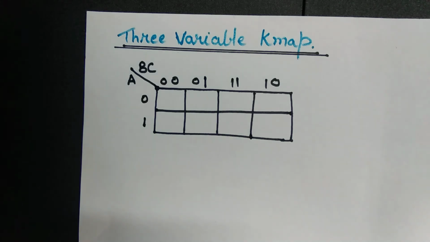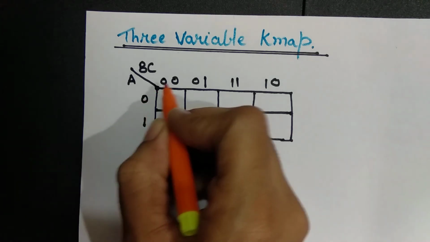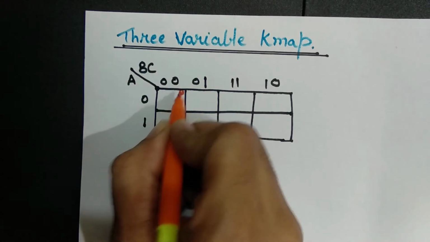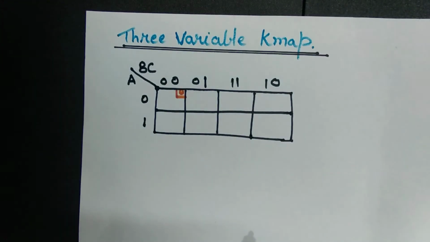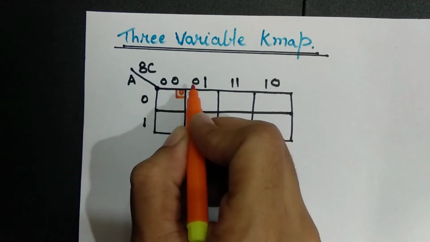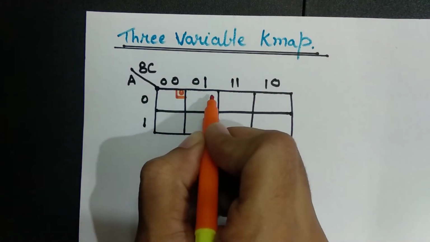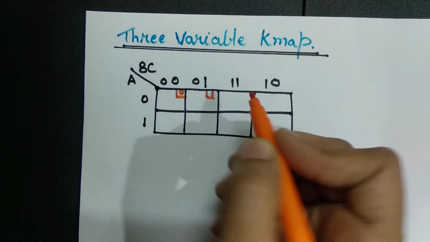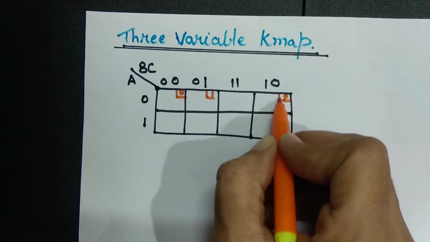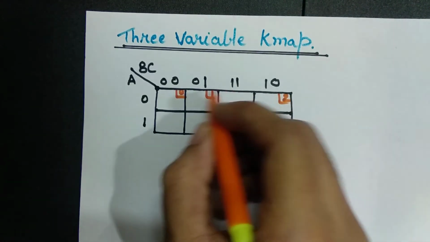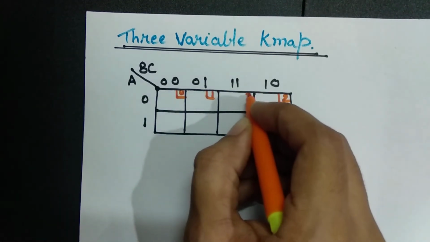Now we will write it in decimal form. So 0 0 0 will be 0, you write it in the bracket, then 0 0 1 is 1, 0 1 0 is 2, and 0 1 1 is 3.